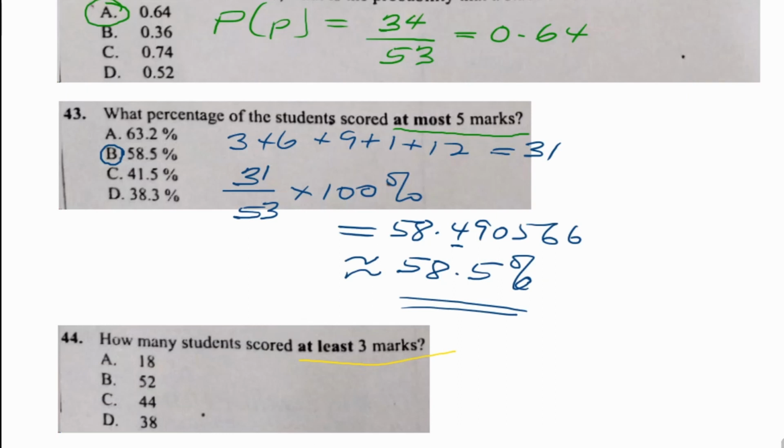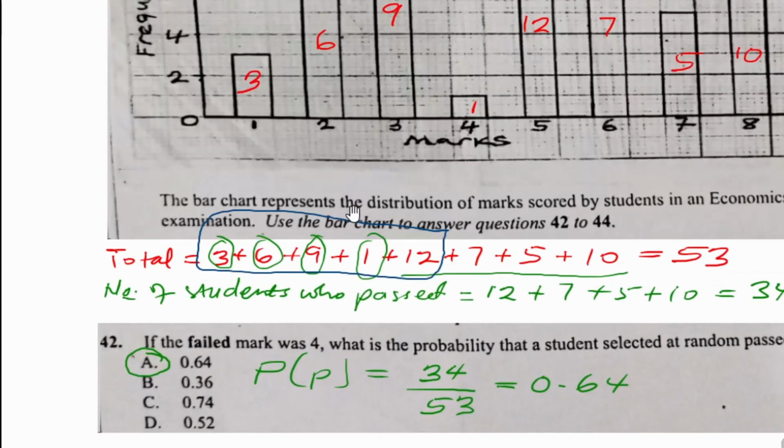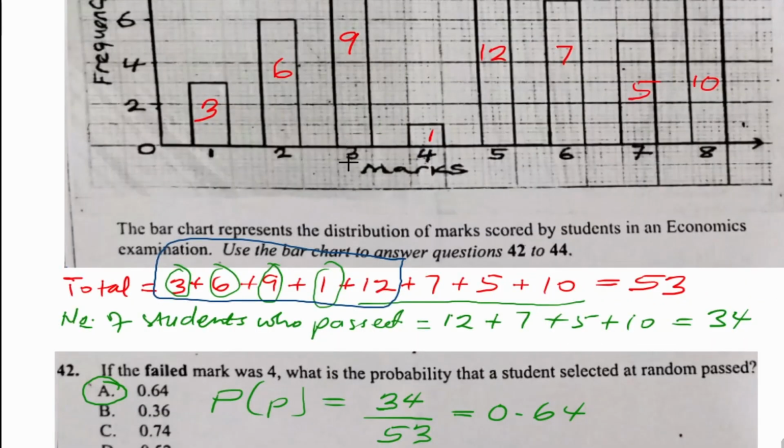We'll go back to our graph or the bar chart, and then we know that this is 3 marks. So 3 marks or more means from here all the way to 8. And we are going to add all the students that got this. So again, from here, we are taking from 3 marks. We are going to add all these numbers and see what we get.